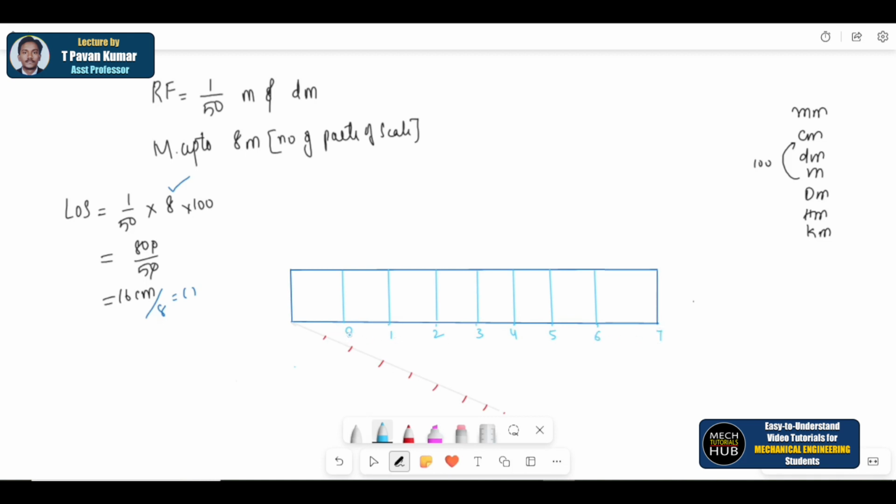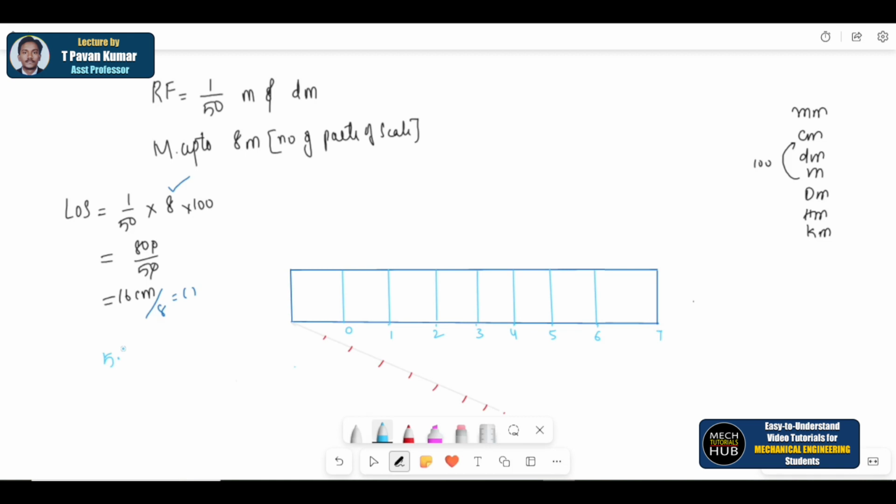You might have a doubt: why are we starting with 0? You could start with 1 also. But if you start with 1, only main scale units can be read on the scale.